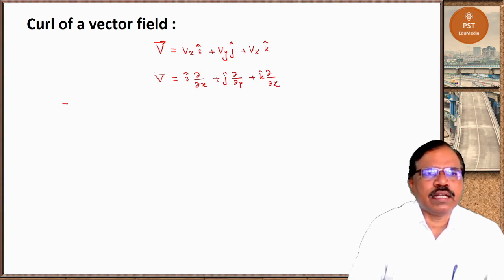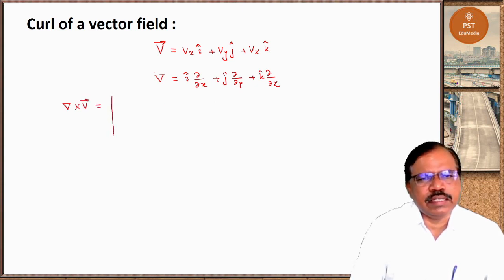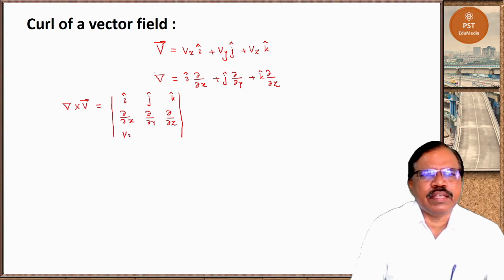And suppose we take the cross product del cross V. We can find it using a determinant, with i, j, k in the first row. Then del cross V: here we will get del by del x, del by del y, del by del z, and then Vx, Vy and Vz, these are components.